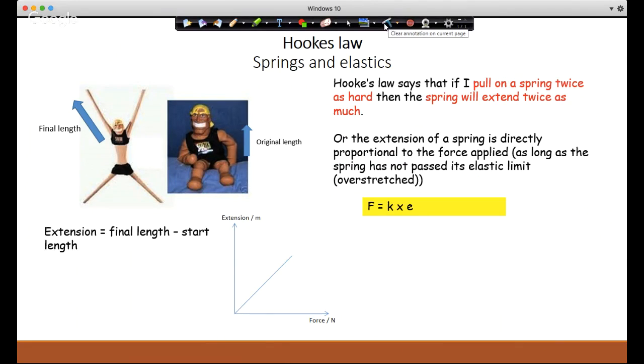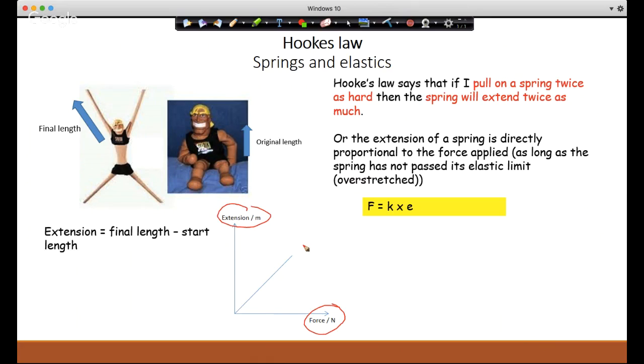Now, a possible 6-mark question could be writing out a method to plot a graph of extension against force. A possible method would be to record the original length of the spring, add masses, maybe 100-gram masses at a time, recording the extension each time, plotting a graph of extension against force, and mentioning that the spring can't go past its elastic limit.